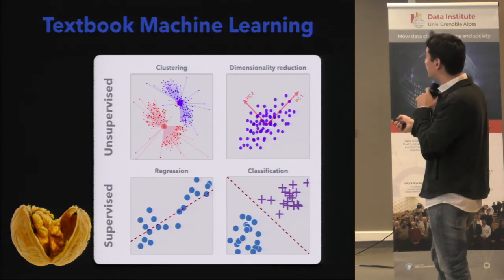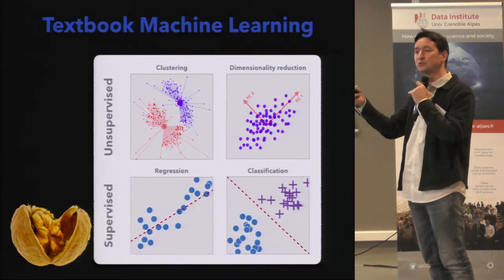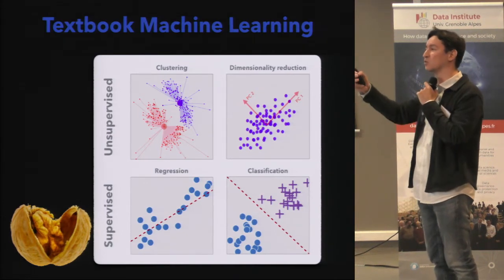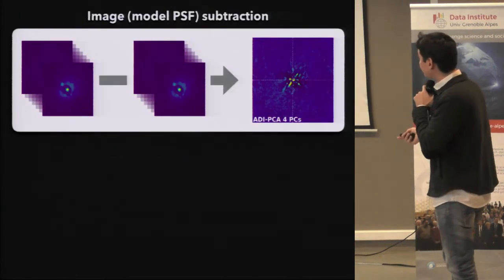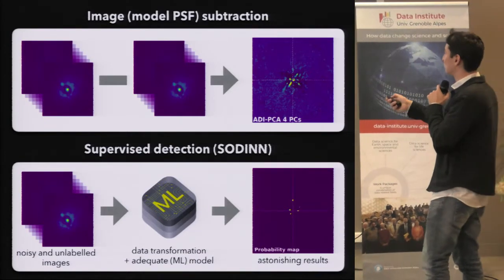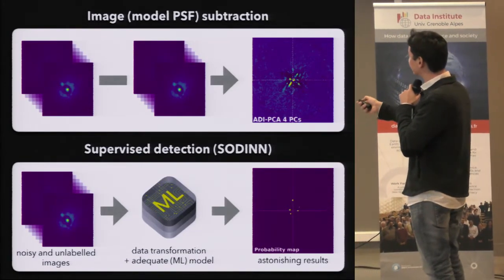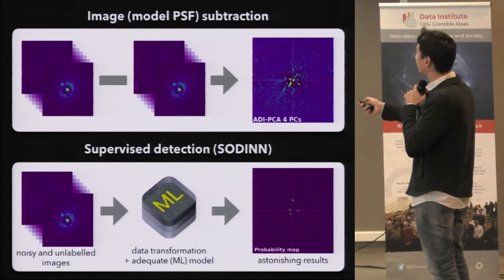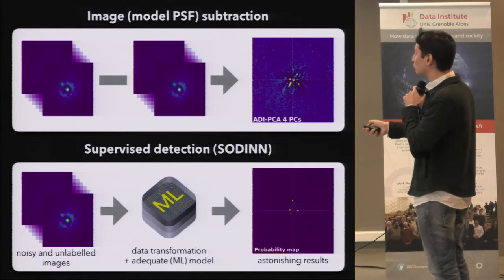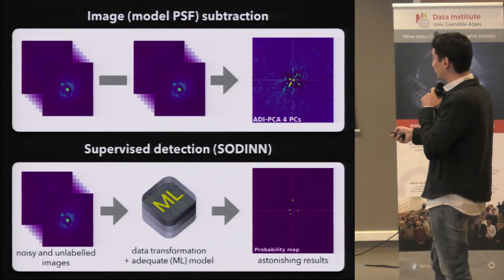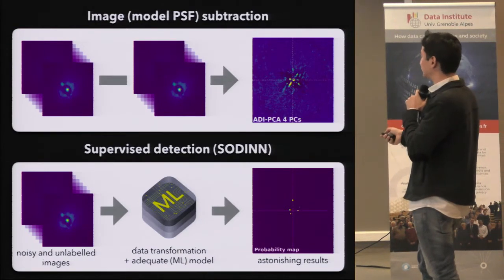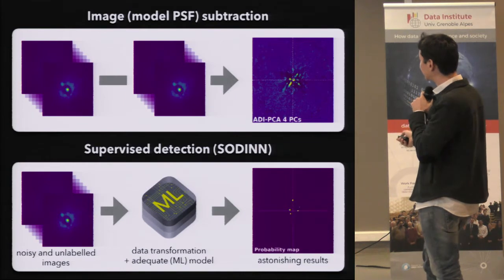But we can pose the problem also in a different way. What we want to do per pixel is a binary classification to say whether we have a signal or not. Just to give, again, what I was saying, this is the old paradigm: we model and we subtract to get a residual final image. Or we can think of using our noisy and unlabeled images to do data transformation and to use machine learning to get a prediction, right?